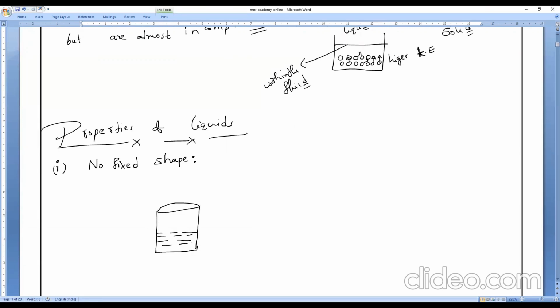If I put the same liquid in a conical flask, it will take the shape of the conical flask. In different kinds of water bottles, the same amount of water takes the shape of the container. That is why we say liquids have no fixed shape.